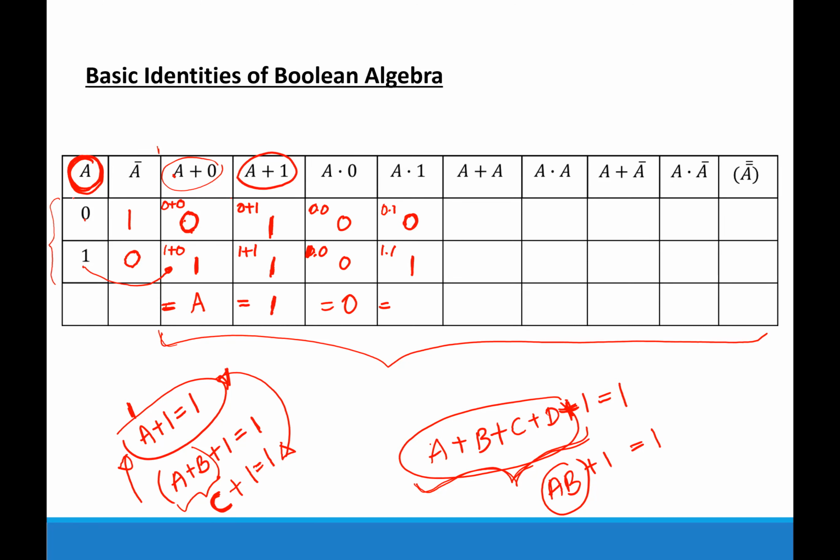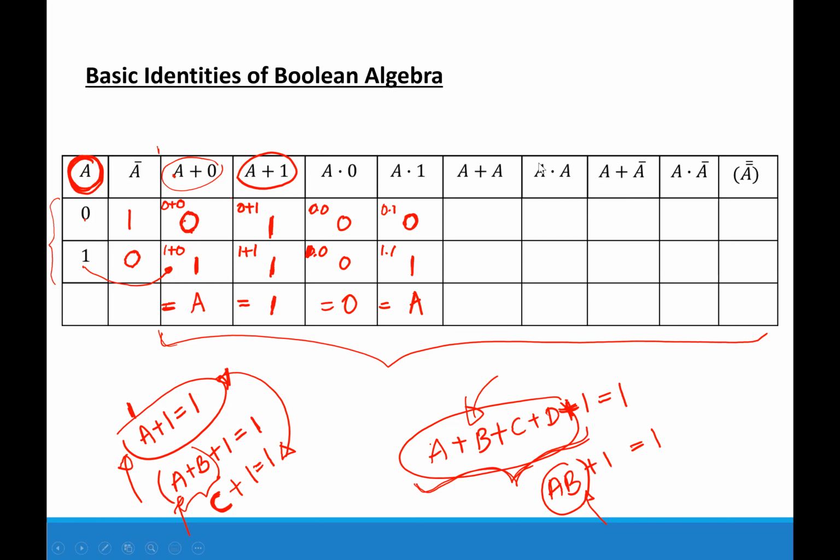That is similar to our first column, the values of A. So we can write, if we multiply any variable by 1, A can be any expression, okay? If we multiply it by 1, the final answer becomes A, right?